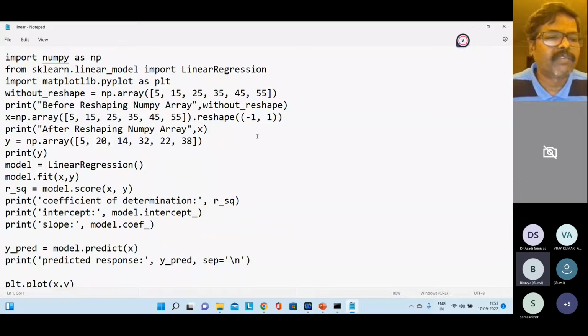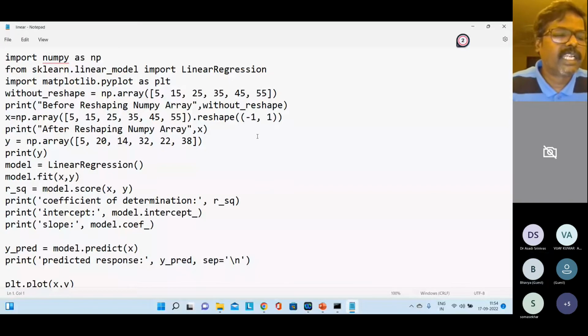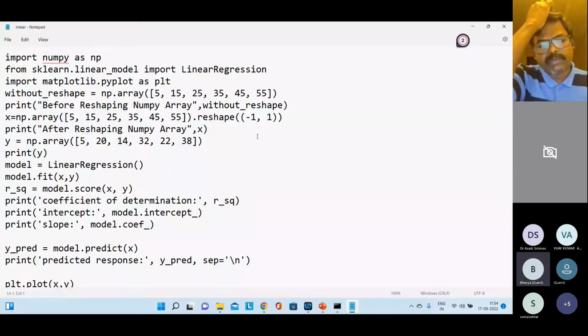Then model.fit of x comma y values, whatever values we have, and we are finding the mean square error. Then we are printing coefficient, intercept, slope. Then y_pred means model.predict of x. We know the x values.